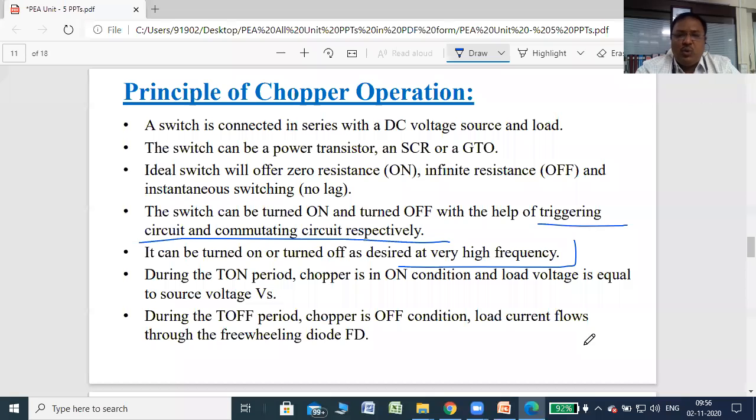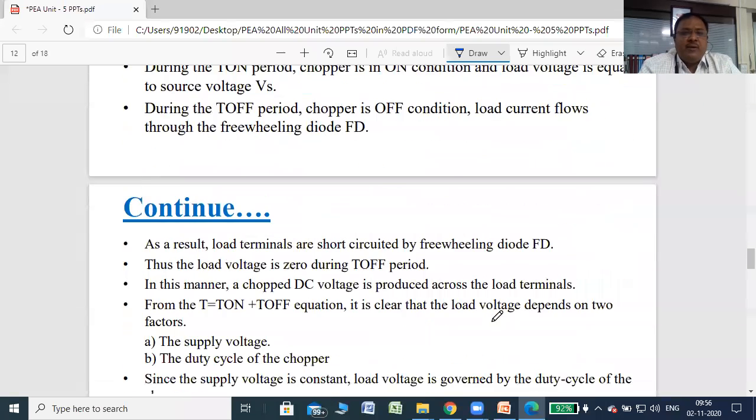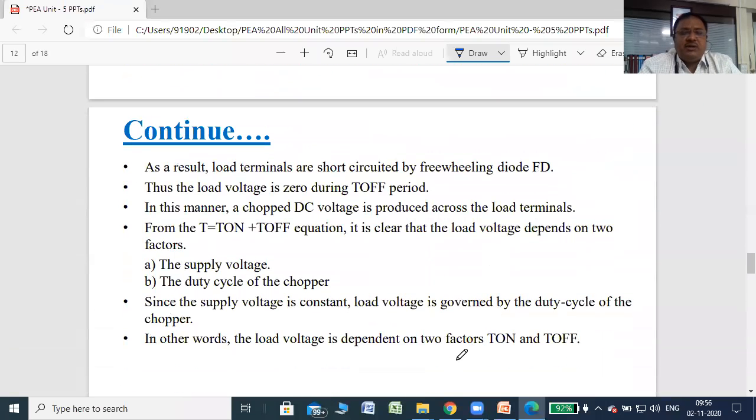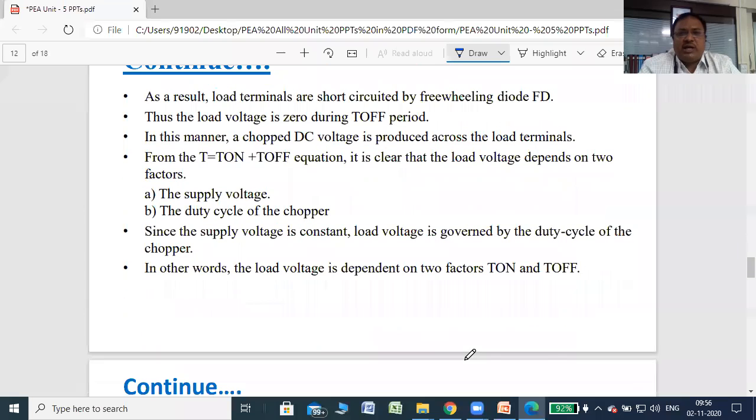So for an inductive load, the load current flows, but the load voltage is equal to zero, as the load terminals are short circuited by the freewheeling diode. Thus the load voltage is zero during the off period. In this manner, a chopped DC voltage is produced across the load terminals. Chopped means a step down voltage is produced.